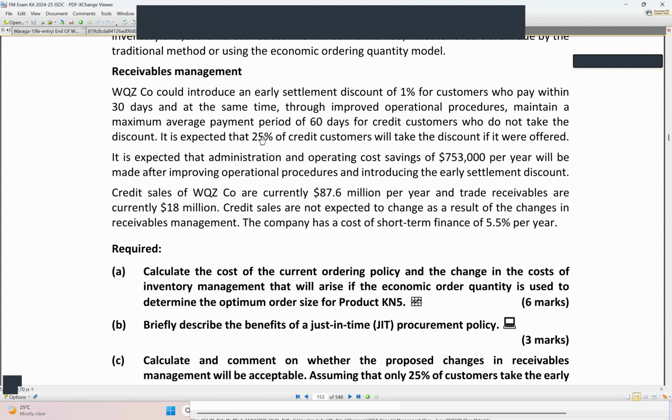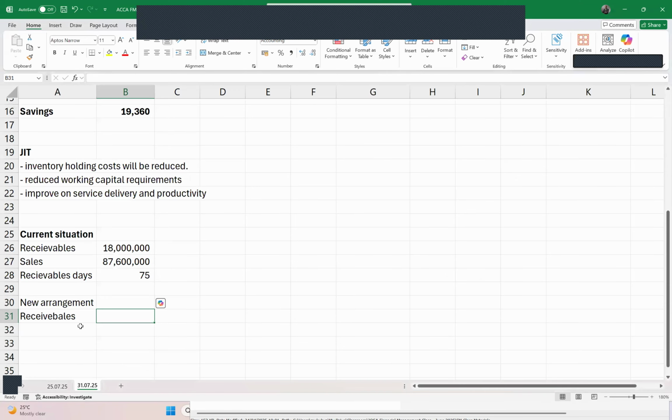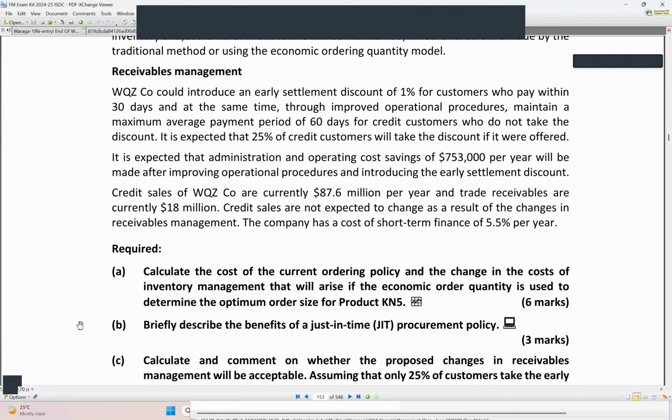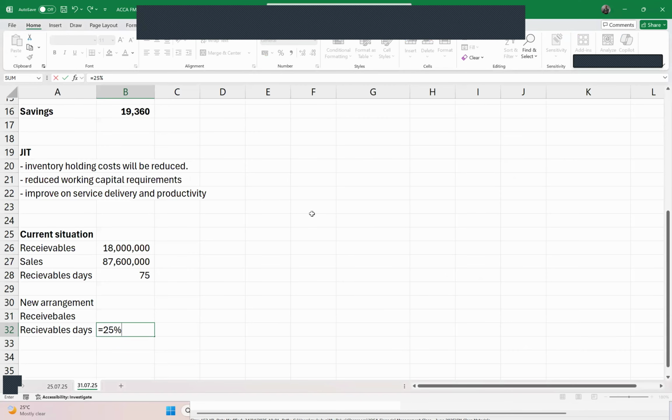So, which means that the receivables days are actually going to be 25%, they will pay within 30 days. And the rest, which is 75%, they pay within 60 days. So in essence, they want the receivables to reduce to around 53 days on average.